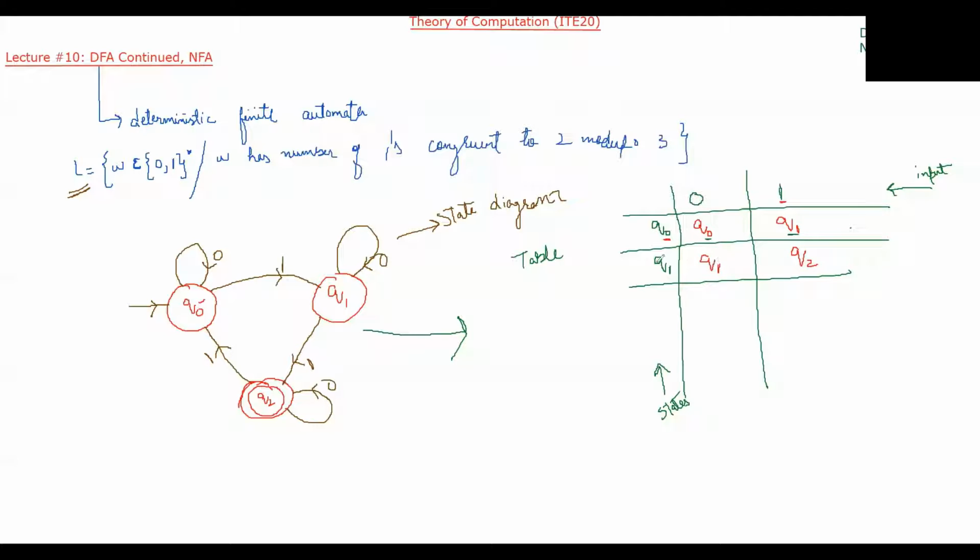Q1 we have already completed. Now we have another state, Q2. We have to see the transitions for Q2 as well. On 0 it will remain in Q2, and if 1 comes, it will go to Q0.